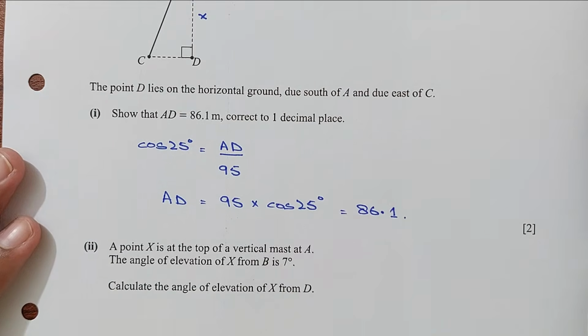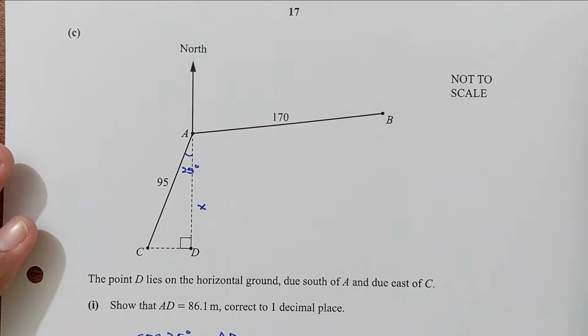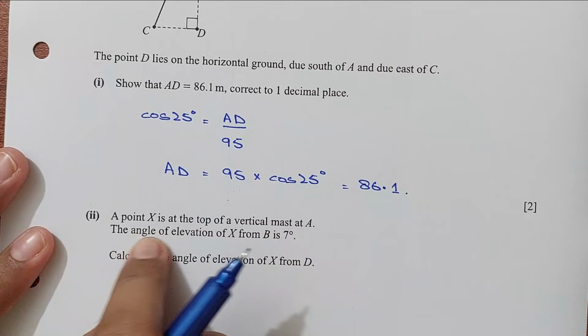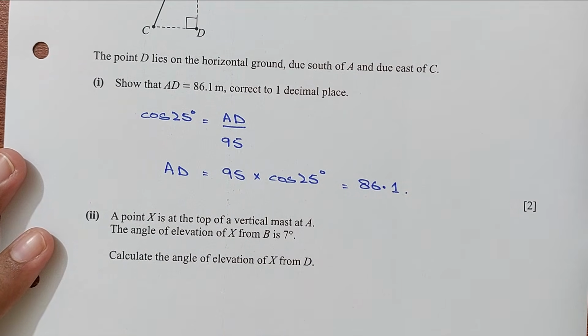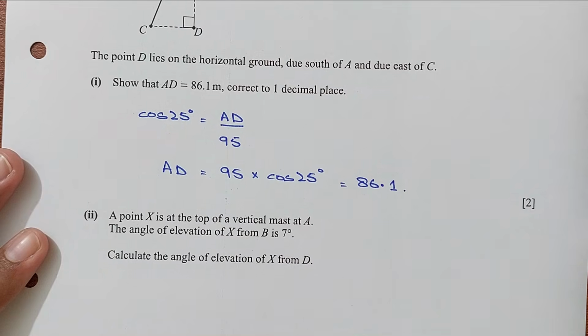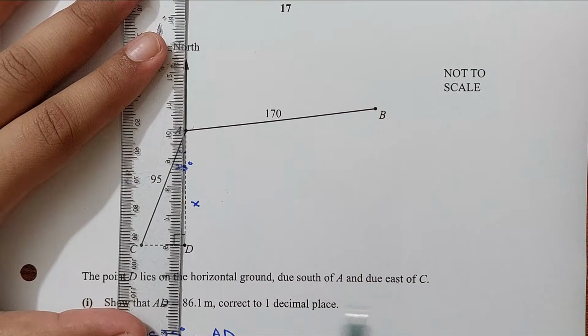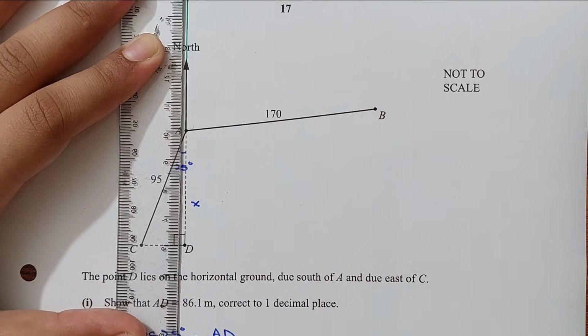Yes. Now for the second part, point X is at the top of the vertical mast at A, right? The angle of elevation of X from B is 7 degrees, right? Calculate the angle of elevation of X from D. Let me draw this first. So the point X is at the top of the vertical mast at A. So let's say the point X is over here, right?